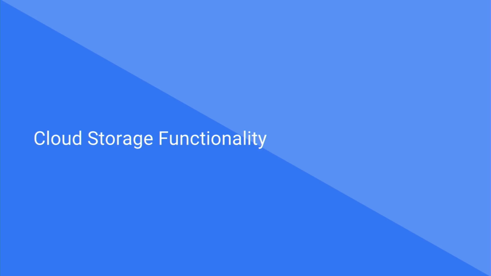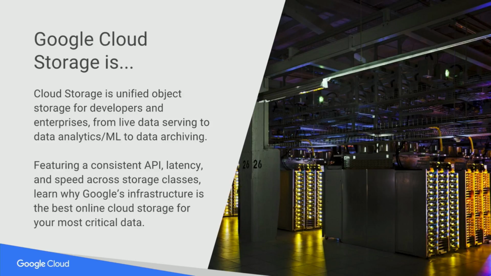And let's talk at a high level about the wide range of capabilities and the pricing information about cloud storage. So again, cloud storage is a unified storage product that runs atop of Google's massive storage and networking infrastructure. It is blob storage or binary large object storage. This is not a regular file system where you're reading and writing and updating data within files.